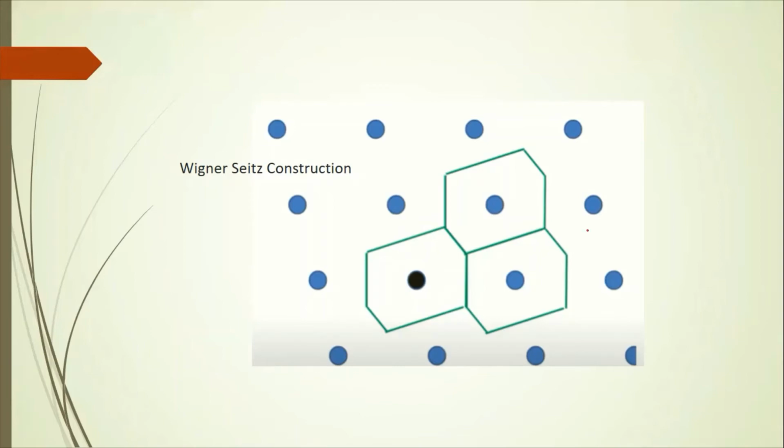For example, for this lattice that we placed here in this figure, the Wigner-Seitz construction looks like these shapes, and drawn a few of them we can see the entire space covered by these kinds of shapes.